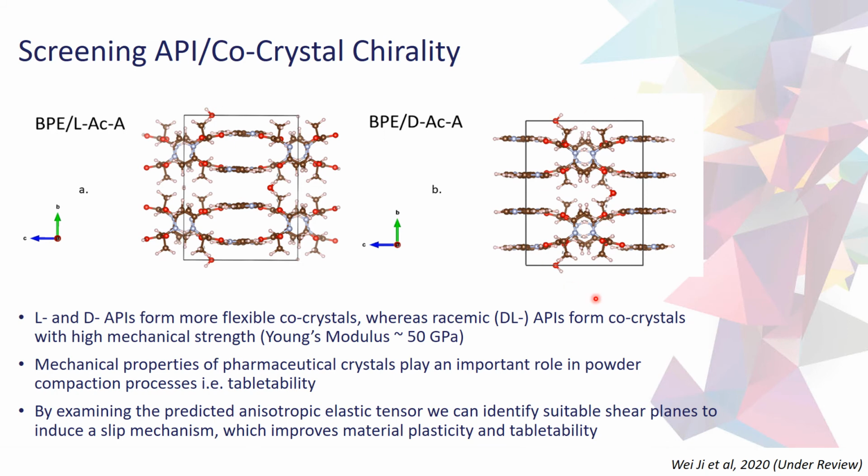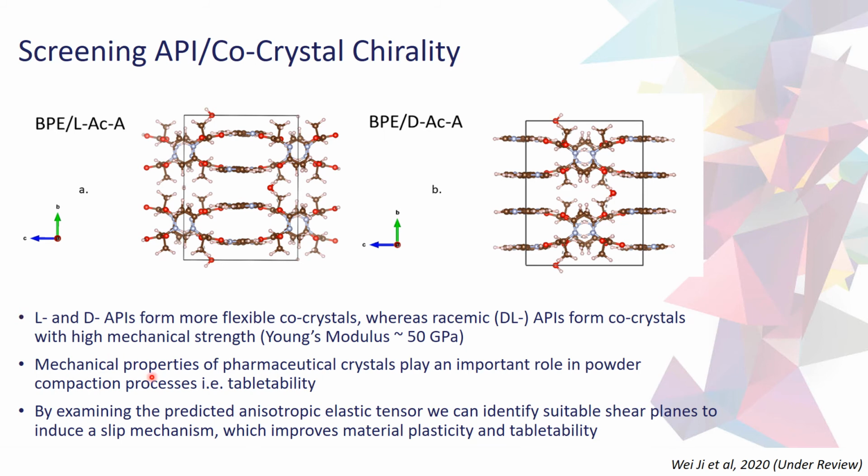But in this study, all we did was we changed the chirality of our active pharmaceutical ingredient. So we had L-alanine, D-alanine, and then the racemic mixture of the two, so DL-acetyl-N-alanine.